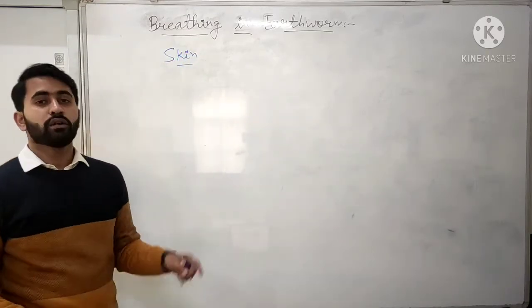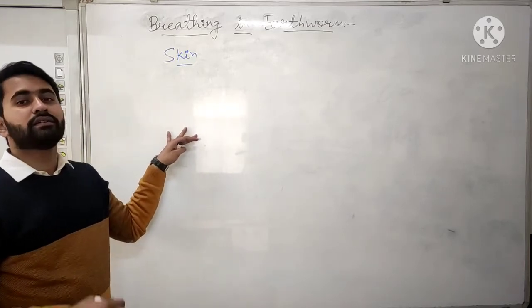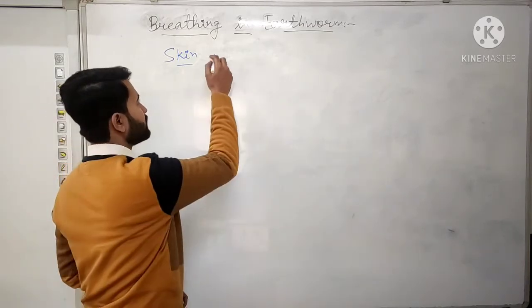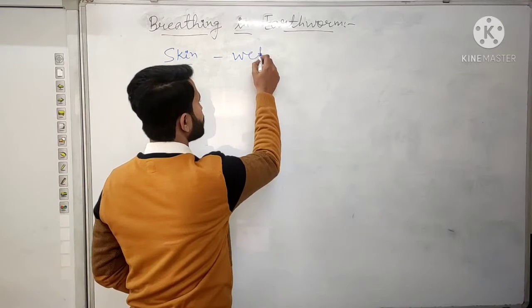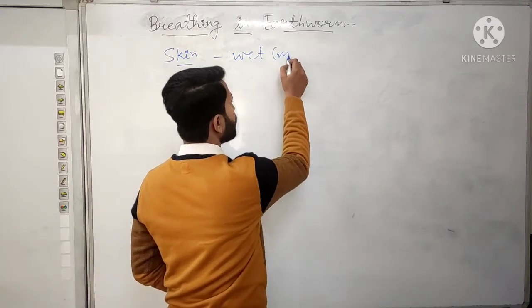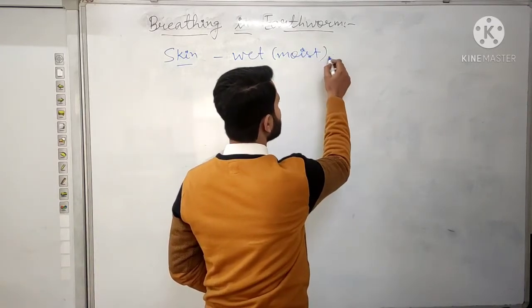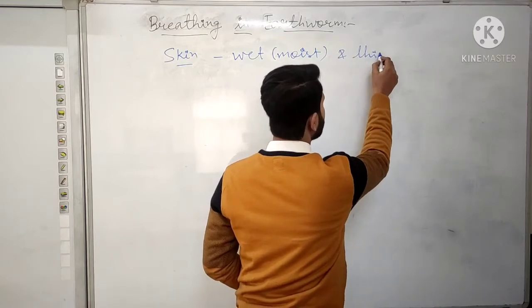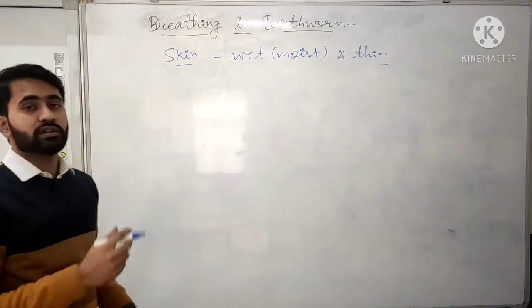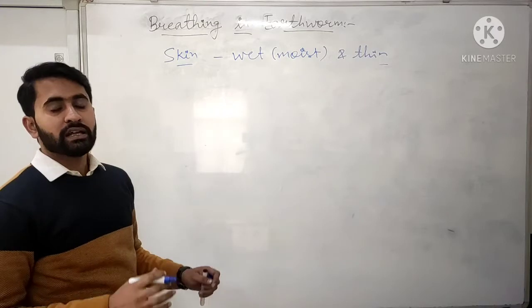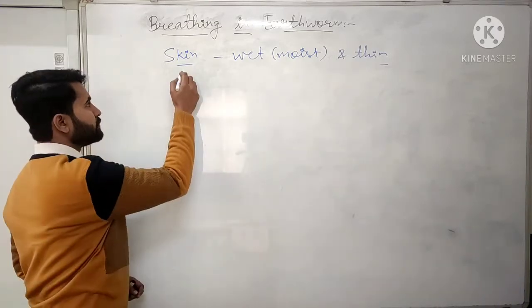Now the skin of the earthworm is wet, or you can say moist, and thin. The skin of the earthworm has a good supply of blood.